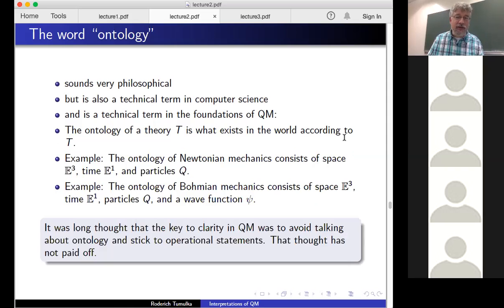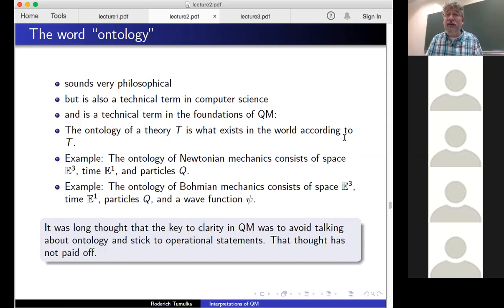So these are the things that Bohmian mechanics says are really there. It was long thought that the key to clarity in quantum mechanics was to avoid talking about ontology and to stick to operational statements, which means statements of the kind, if you do this and this experiment, then the outcome will be such and such. But frankly, that thought has not paid off.